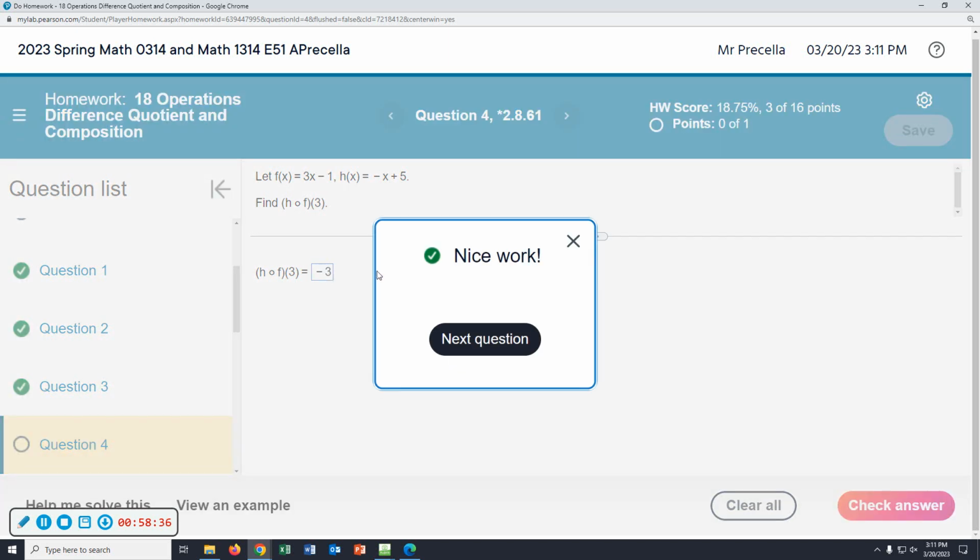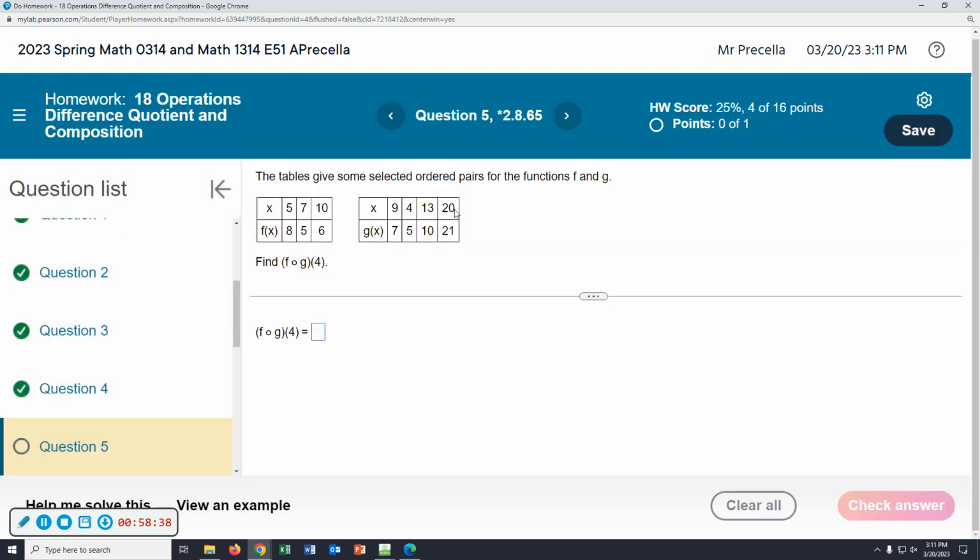Okay. What about problem 5? Okay, well, we have some tables here. I remember we had functions. We were able to describe them as ordered pairs, as graphs, and we could describe them using equations. Here, these are really ordered pairs.